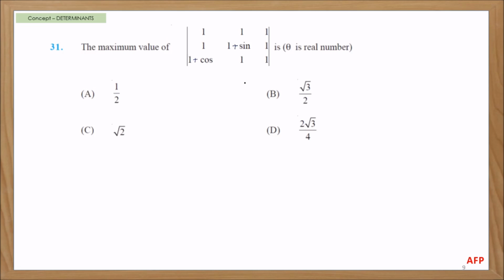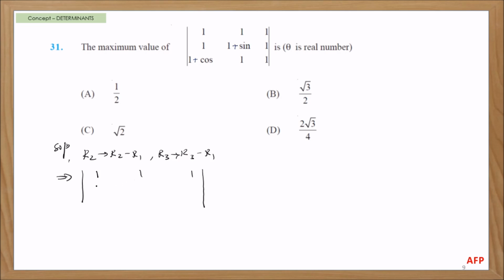Next one, maximum value of this determinant. Okay, R2 implies R2 minus R1, R3 implies R3 minus R1. So R1 as it is, no changes. We can also do it like this, C2 minus C1, C3 minus C1.